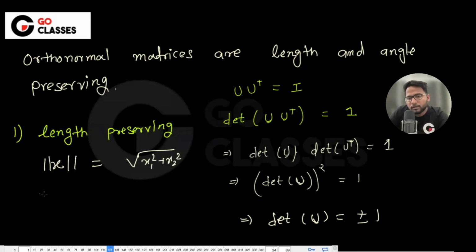Basically, I want to prove that the length of x and the length of U x, for any orthonormal matrix U, are actually the same. This is the first property, which is called length preserving. Even if you multiply by any orthonormal matrix, the length will be the same. The second property that we want to prove is angle preserving.